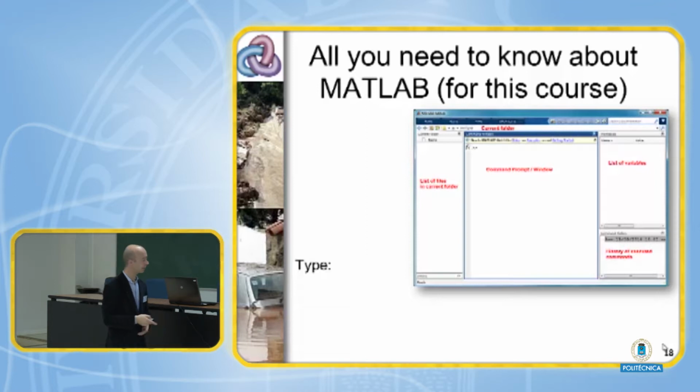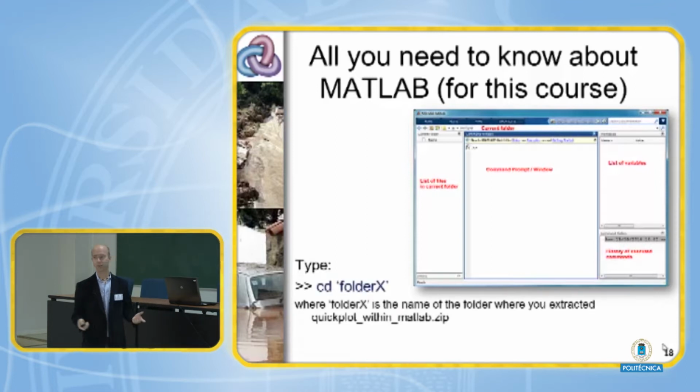the things that you need to know is you need to be able to type a cd command to a directory, and I think there is a zip file in the same location as where the virtual machines were yesterday, containing a file quickplot within MATLAB. You unzip it and go to the directory where you unzipped the file.